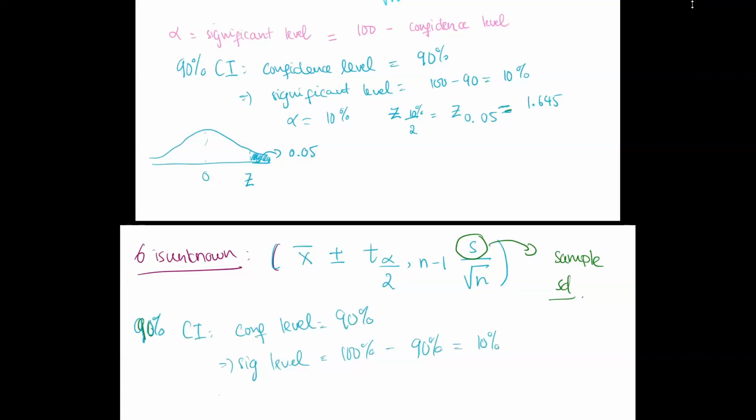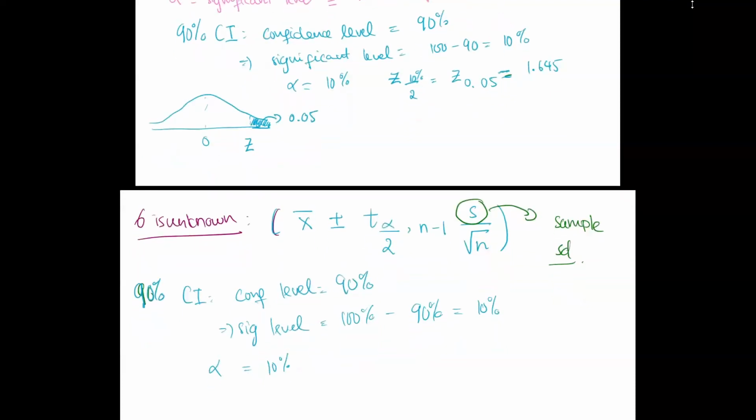Okay, then your alpha would be 10%. And then you will have to look at t of 10% divided by 2 at n minus 1, which is t of 0.05, n minus 1. And this n that you see here is the sample size.